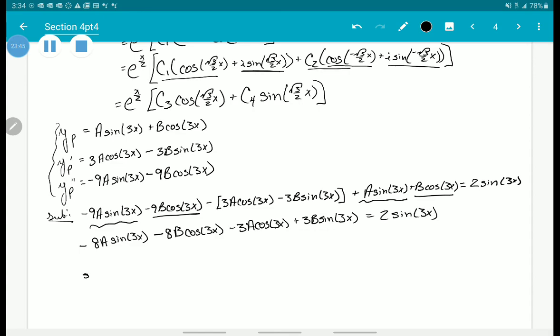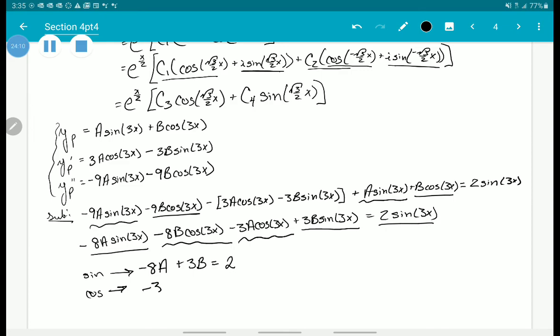So we have sines and we have cosines. So let's compare coefficients. We have a negative 8a plus 3b, and that has to equal 2. And then we have a minus 3a minus 8b, and we don't have a cosine on this side, so the coefficient is going to be 0. So there's our system of equations.